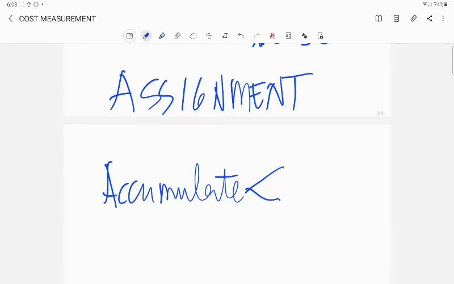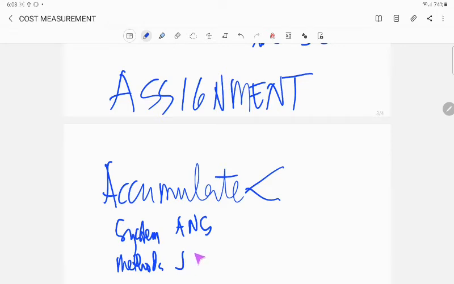Alam na natin yung system, di ba? Ano na uli system? O, isip-isip. Hoy, system. Answer. Actual, normal, standard. Isa lang ang pipiliin. O, ano pa? Methods. Actually, itong methods, tinatawag din nila itong accumulation methods. Diba? Ano yan?